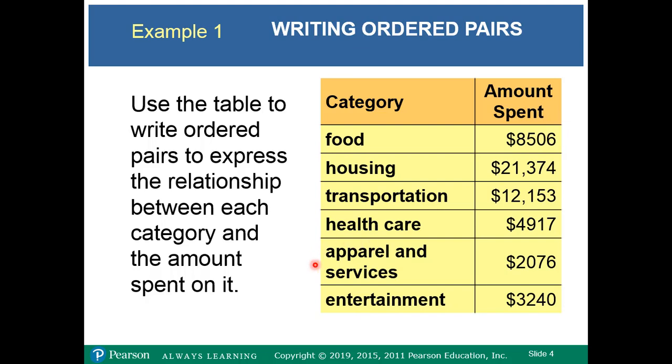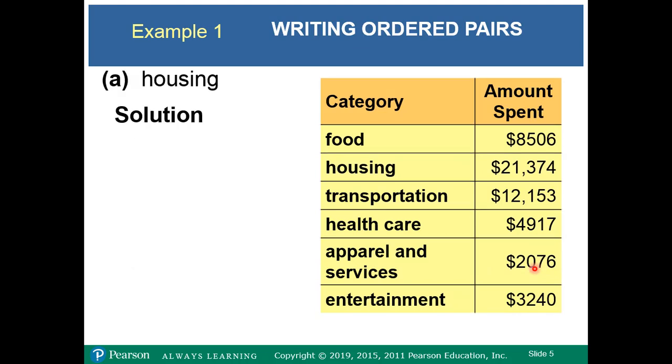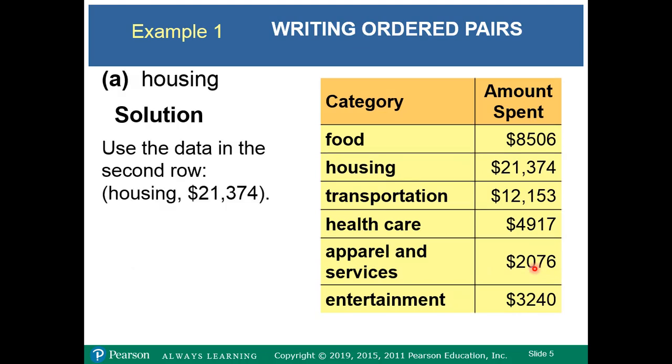Or we can write an ordered pair that relates apparel and services with $2,076. Okay. So housing, we can use the second row and we can write the ordered pair housing, $21,374. Okay, and this would be an ordered pair.